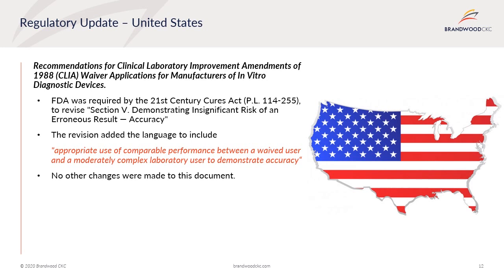But as part of the 21st Century Cures Act, they needed to add some more language about the appropriate comparison. So effectively, they added language to suggest appropriate use of a comparable performance between a waived user and a moderately complex laboratory user to demonstrate accuracy. Again, this is just confirming and giving more clarity as to the FDA's expectations when a CLIA waiver is made as to the comparison methodology. No other changes were made to this document.